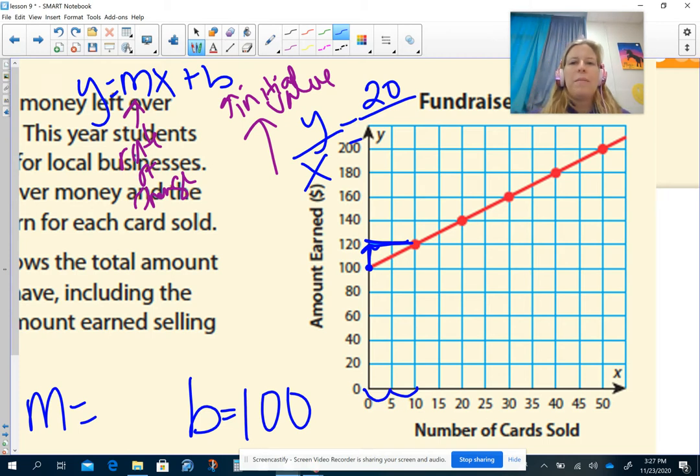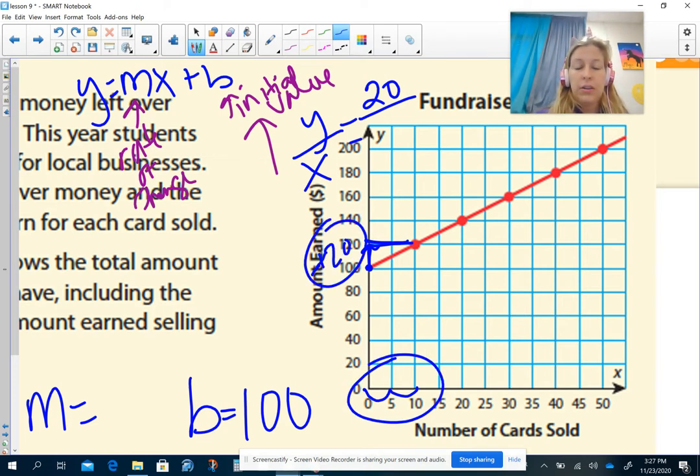I bet you thought it might be 20, huh? A lot of my students said 20. So if they said 20, what are we forgetting to do? We see that it's 20 this way, but did we look down here and make sure we did our run? Because if we did the rise, we still have to do over run. We still have to make sure we do it over x.